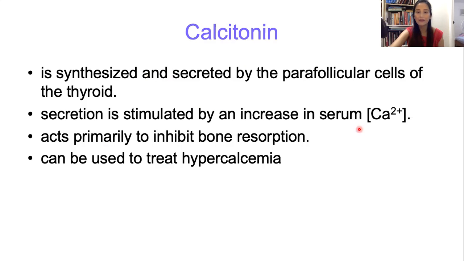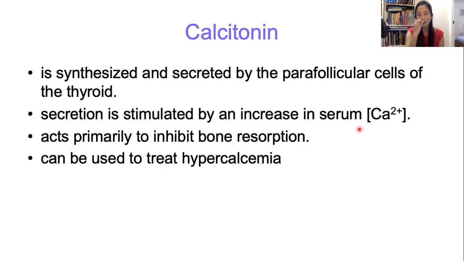Although the role of calcitonin in calcium physiology in humans is not very big, no? It doesn't have a very big impact on calcium metabolism in humans. In lower forms of mammals, it plays a more important role.